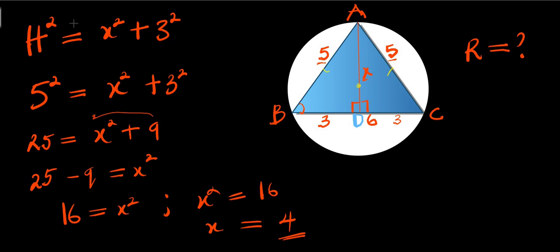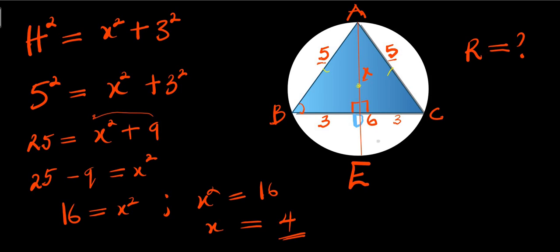So let's extend this line to the circumference of the circle. I extend it down to this point here, and I can label this point our point E. So we now have A, B, C, D, E.